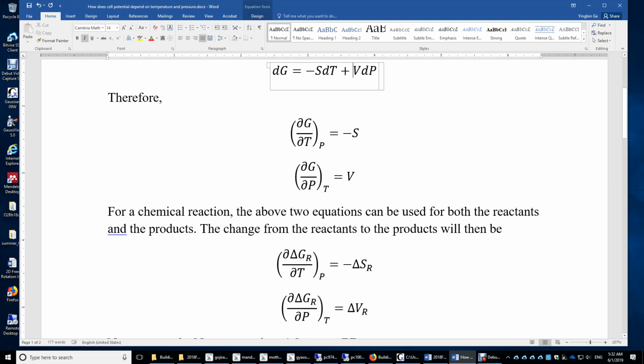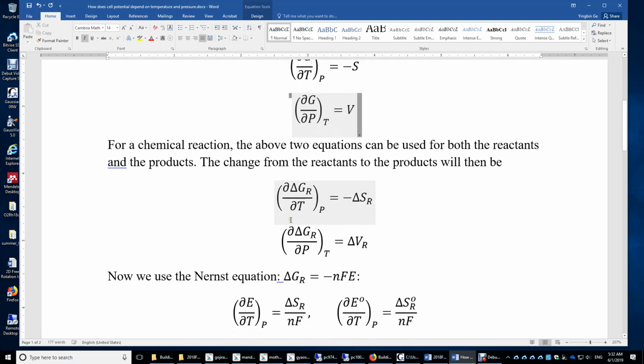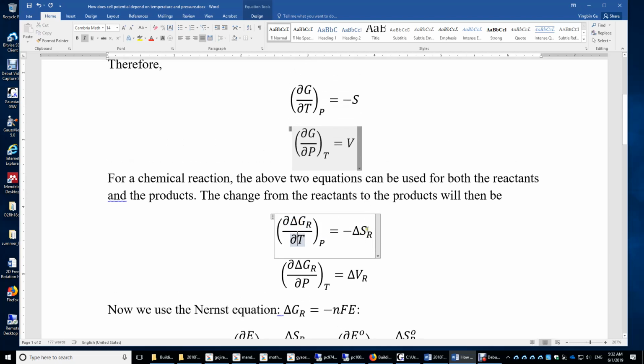For a chemical reaction, we can use these two equations for the reactants, and then for the products, and then we take the difference. We get this first derivative of Gibbs energy of reaction with respect to temperature equals negative entropy of the reaction.